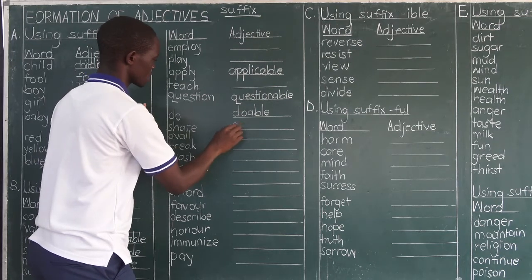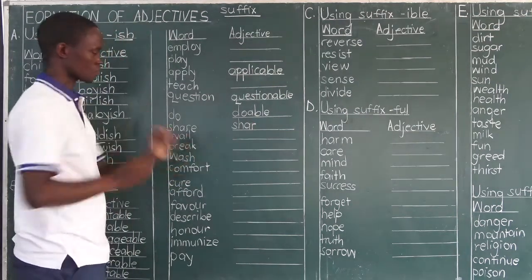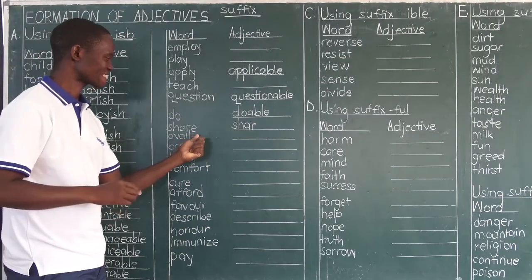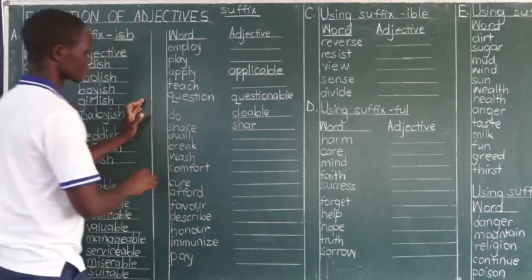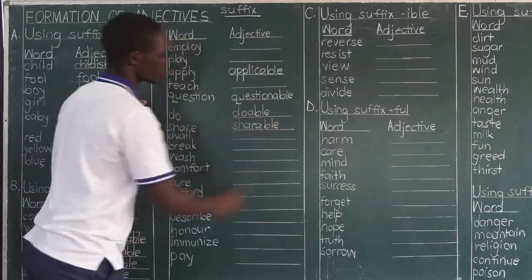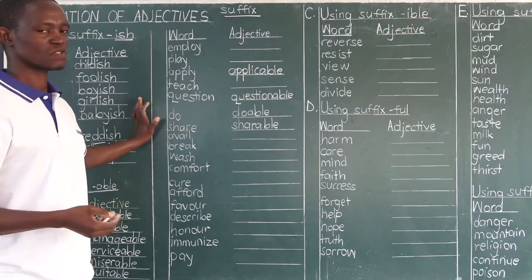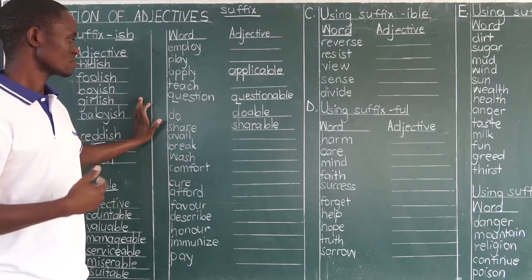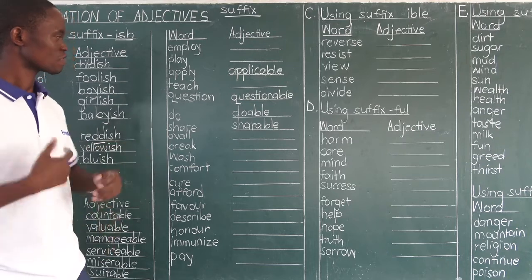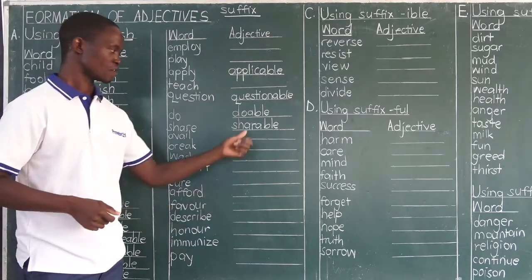So we write S-H-A-R. The teacher has told you, share throws away the last E and is replaced with able, A-B-L-E. Finally, we have the adjective shareable. If something can be shared, it is described as shareable.